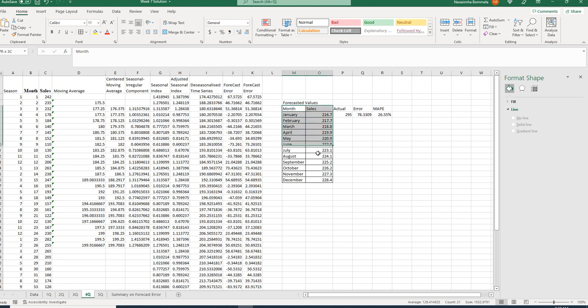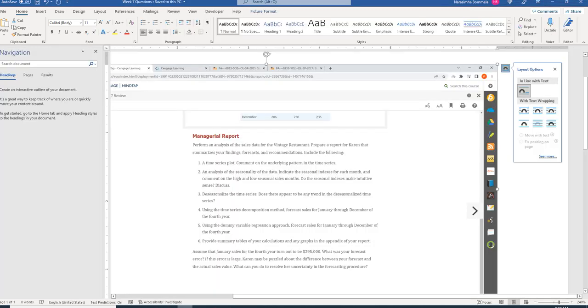These are the forecasted values. So we just copy paste this table, ignore this one, and we explain that the forecasted values for each month of the 4th year are the following data. We simply mention that. It is a simple question that asks to develop a forecast of sales.